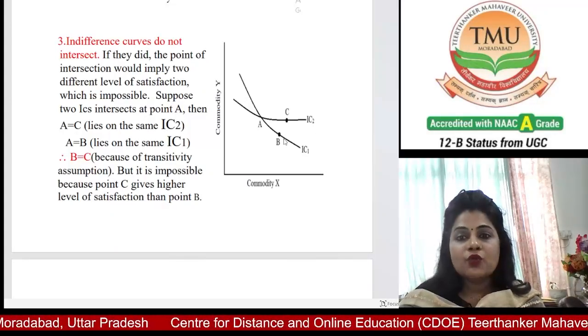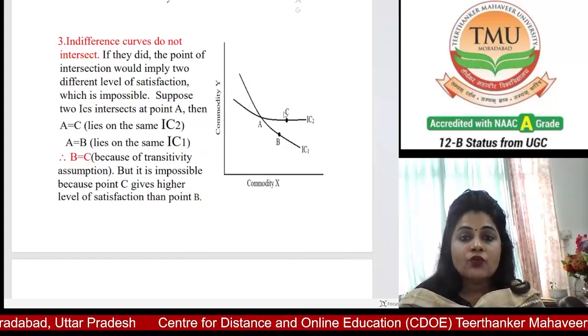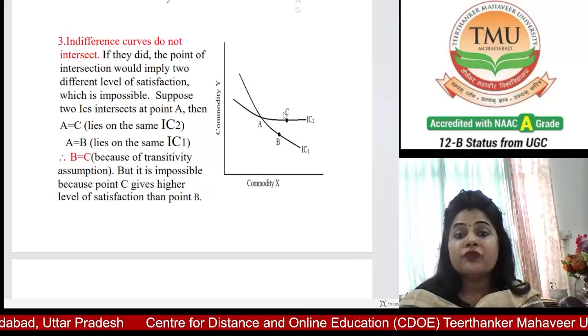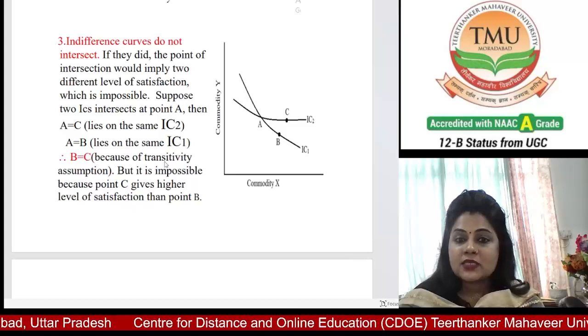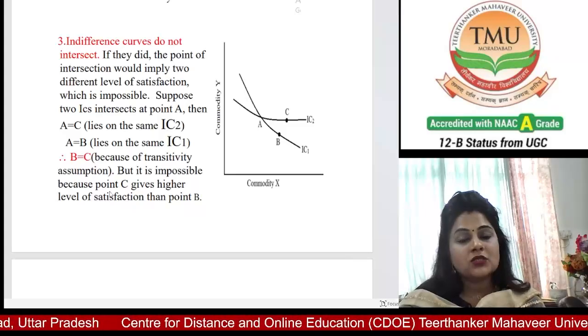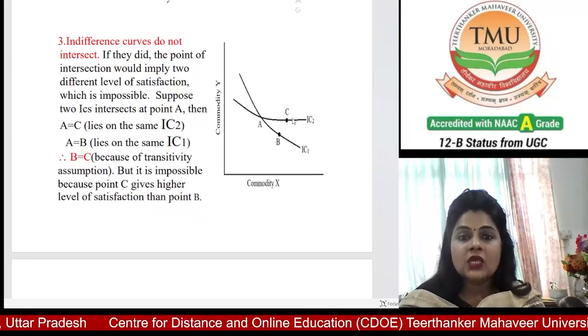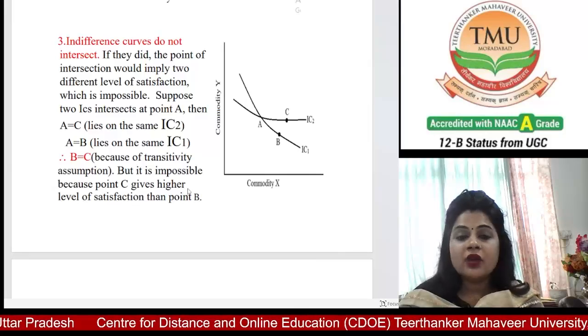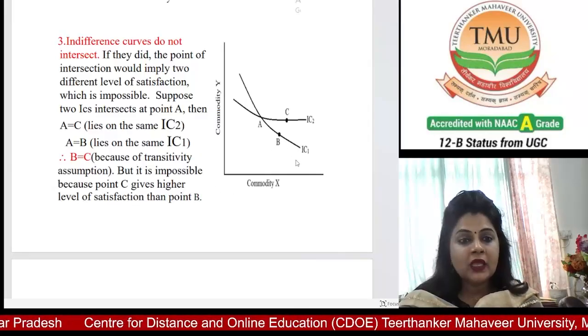Now you can see B is equal to C because of the transitivity assumption, but it is impossible because point C gives a higher level of satisfaction than point B.